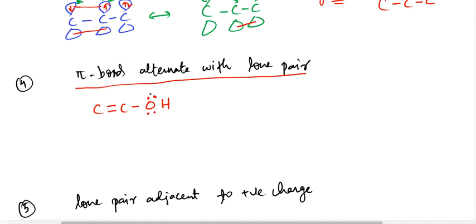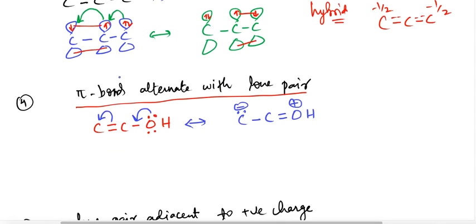So here movement will take place like this. This lone pair will become a pi bond pair, and the pi bond will become a lone pair, and you will get this structure C double bond OH, and you will get a positive charge here and a negative charge here. So similar movement.